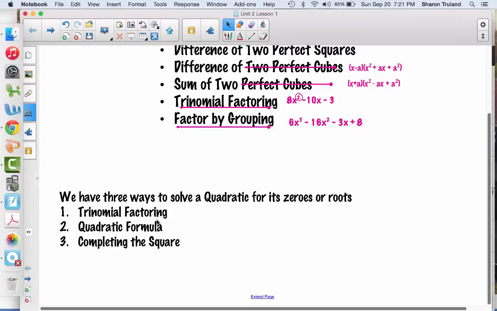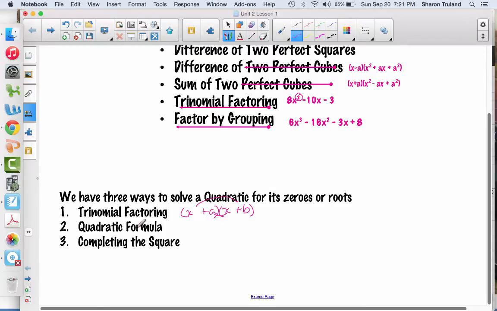We had good old-fashioned trinomial factoring, or, as I like to call it, bridges and tunnels. A binomial times a binomial. And then we did our bridge and our tunnel. If something can factor now in Algebra 2, it's a godsend. But it's not going to. Then we have our friend the quadratic formula. Remember?